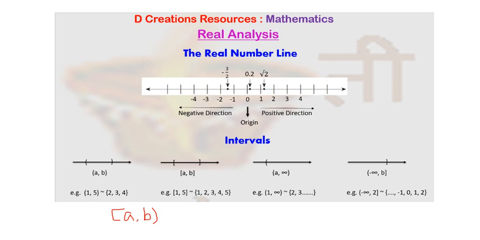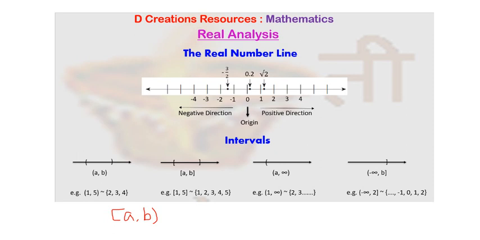It will be all the real numbers. Again, I am just going to list out the integers 1, 2, 3, 4, because even though the value of b is 5, it's on the end near the round bracket, so that is excluded. So this is an example of a half open interval.